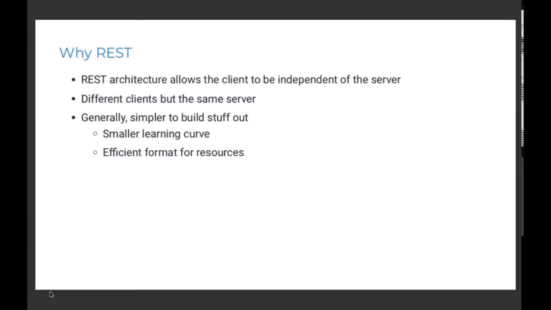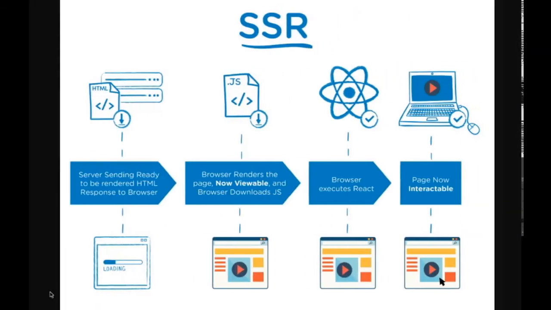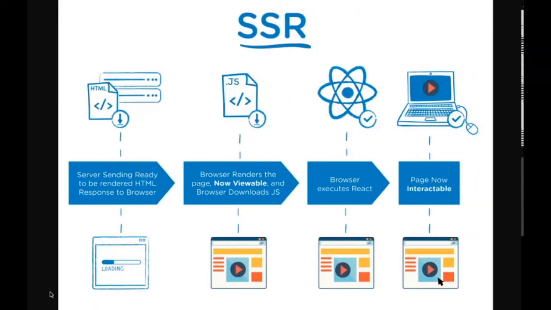So how does that look? With Django templates, what we were doing was technically server-side rendering. First, your HTML is rendered by the server and sent to the browser. The browser renders that page, and it is now visible. And then the browser downloads other necessary scripts, executes those scripts, and now you can interact with the page. Okay, so that is the typical workflow when you are serving server-side rendered pages.